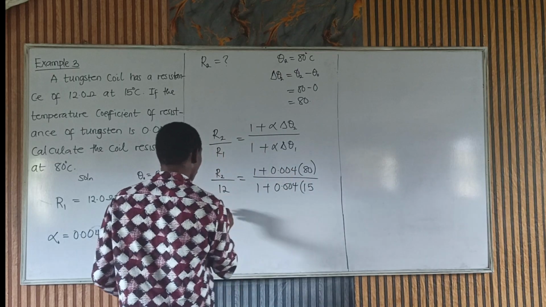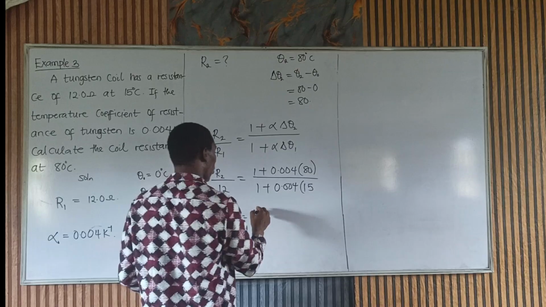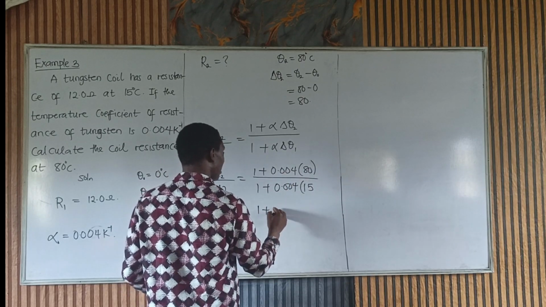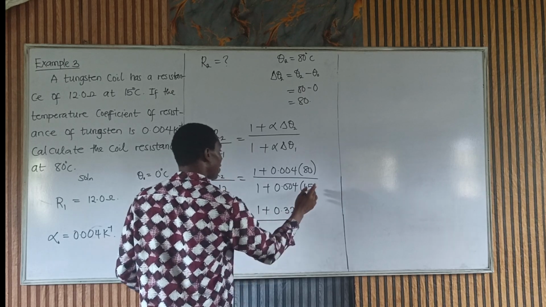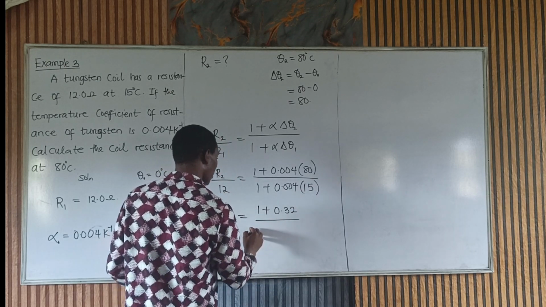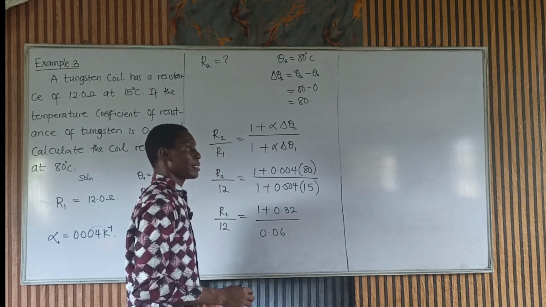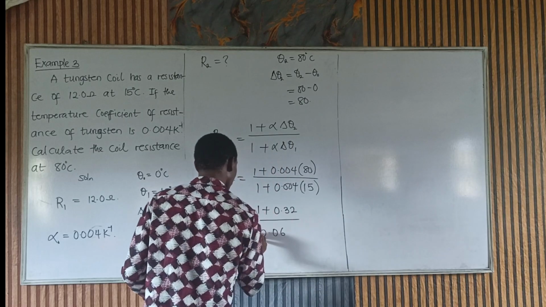And so let's do this now. This is R2 over 12 being equal to 1 plus 80 times this will give us 0.32 over 1 plus 15 times this will give us 0.06. And so now we are going to say there's a 1 here, please.